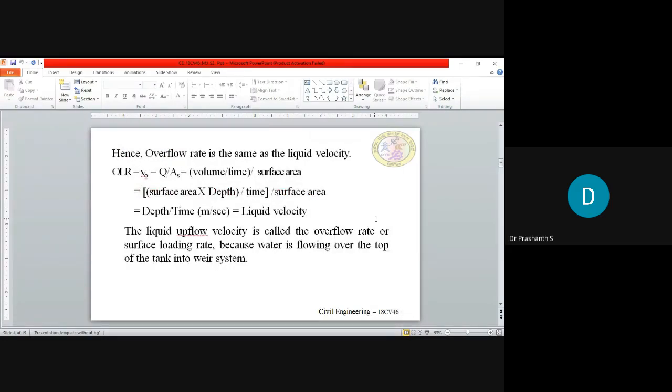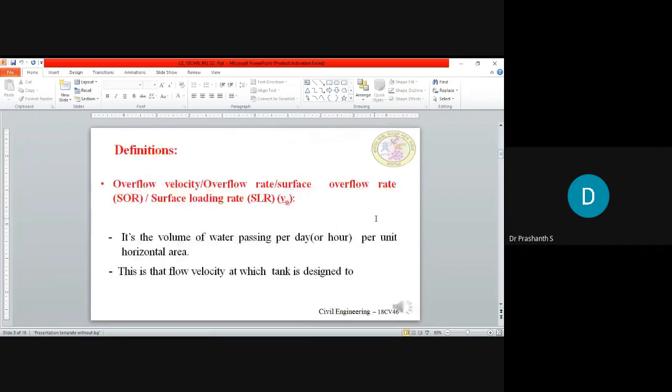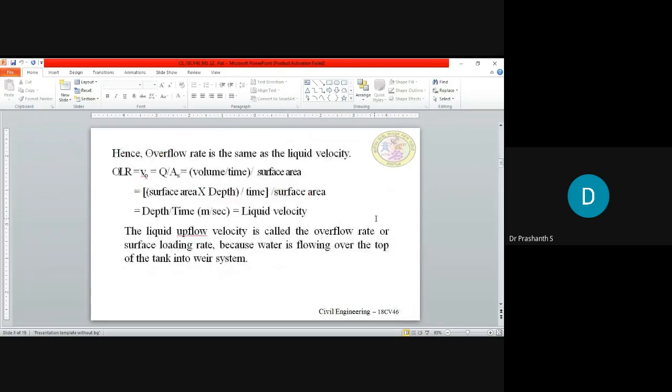So what is this overflow rate? As I said in the previous slide, it is the volume of water passing per day out of the tank per unit horizontal area. So it is mathematically Q by AS. What is Q? Discharge, volume by time. AS is surface area.